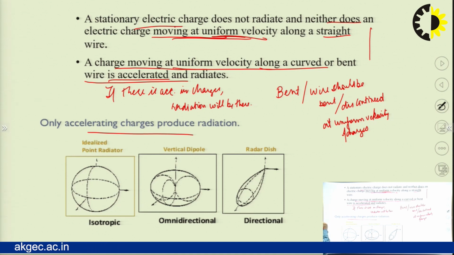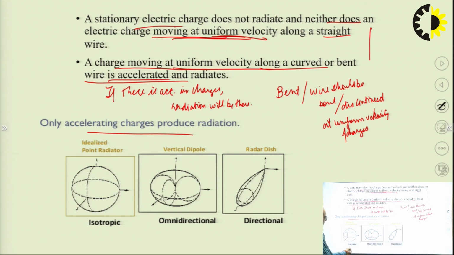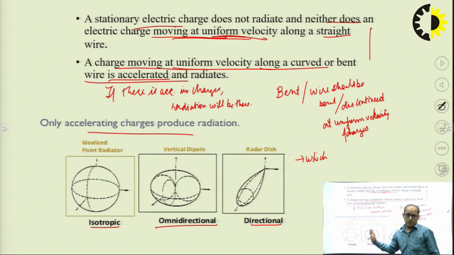There are three types of radiators. First is the isotropic radiator, then the omnidirectional radiator, and the directional radiator. This topic will also be covered in the radiation pattern.